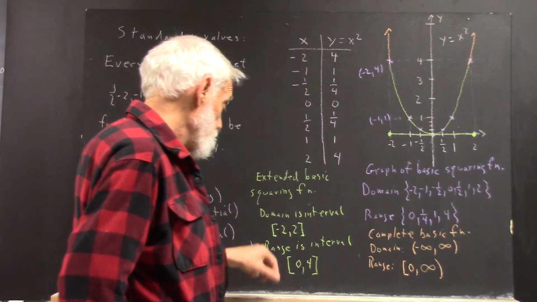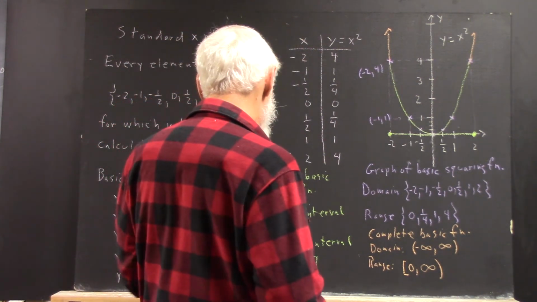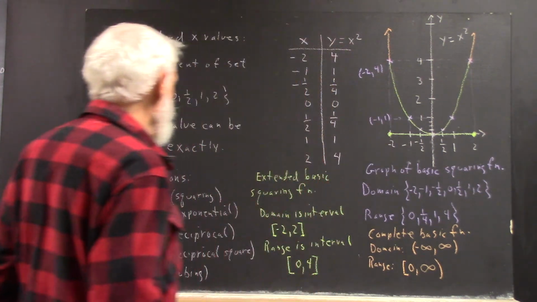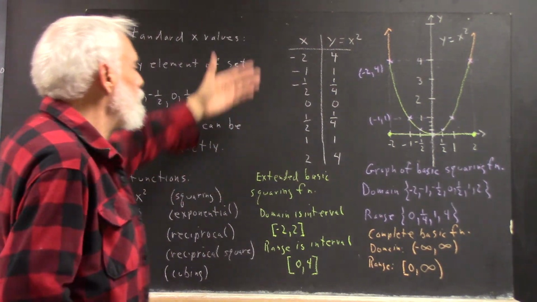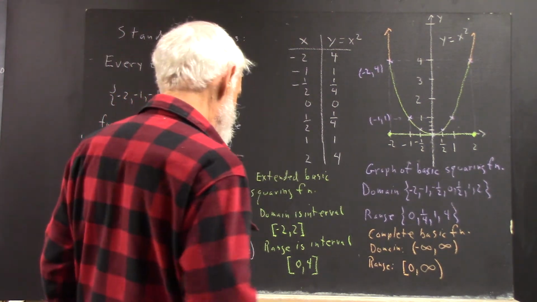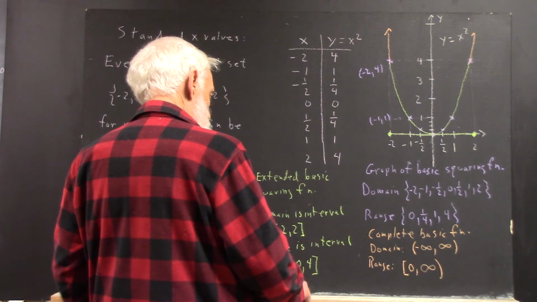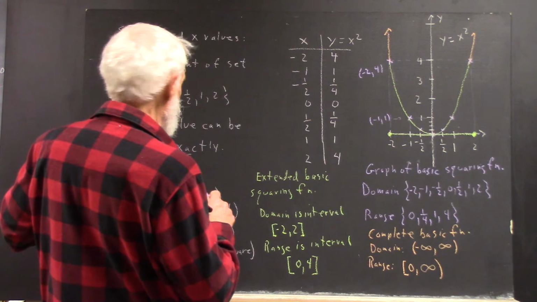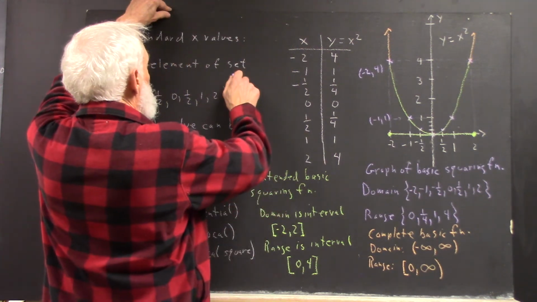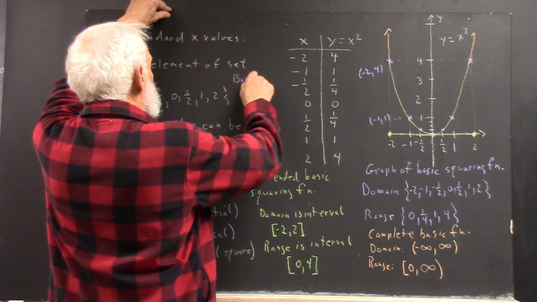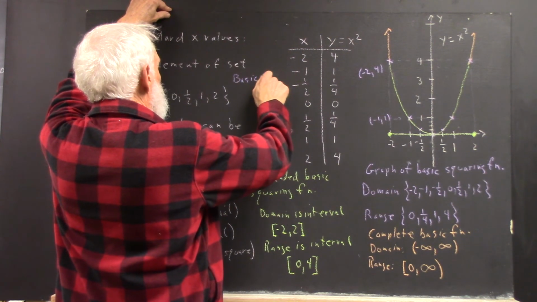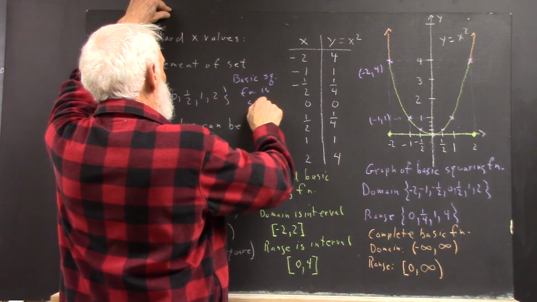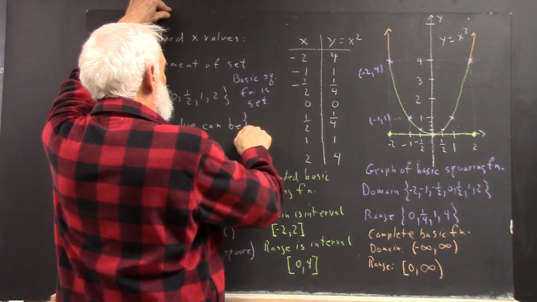One other thing, the way we can write this function, okay, the basic squaring function can be written as the set of points that we get here. So, I don't have a lot of room, but you'll see me insert things all over the place. So the best place I can insert anything is here. That's where I have the most room for another notation for the basic squaring function.